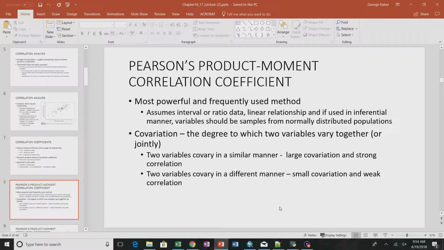So if you have interval ratio data, there's really no reason to convert it to rank order unless it deviates significantly from being a normally distributed population. That's one reason why you'd want to collapse your data, and that's the same as with other tests that we've talked about in this class. So the number that we're trying to get to is this covariation number.